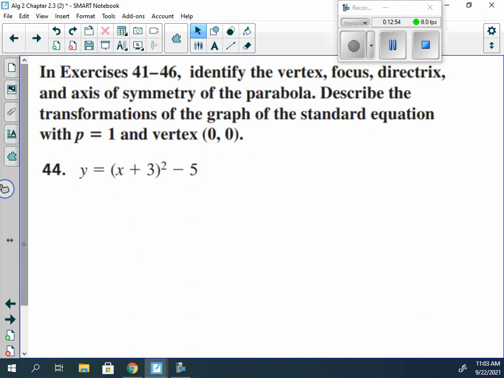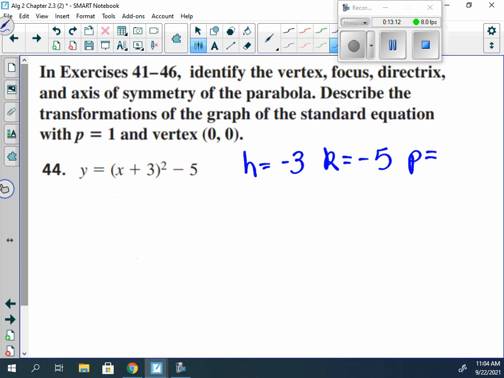All right. We kind of got the feel. I think y'all got the hang of identifying h, k, and p. So h would be what? -3. k would be, and we'll need to find p. So our 1/4p would equal what?